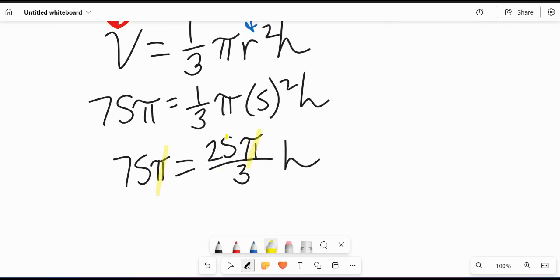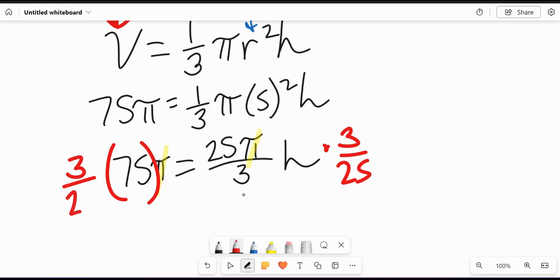Now, then I ask myself, how do I get rid of 25 over 3? You have to multiply it by the reciprocal. So the reciprocal of 25 over 3 is 3 over 25. So I multiply this by 3 over 25.